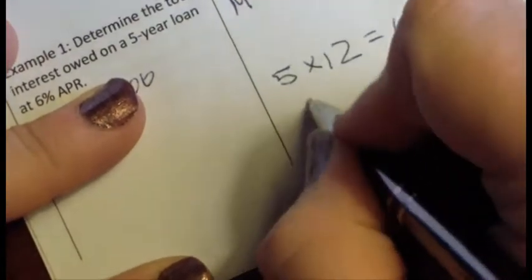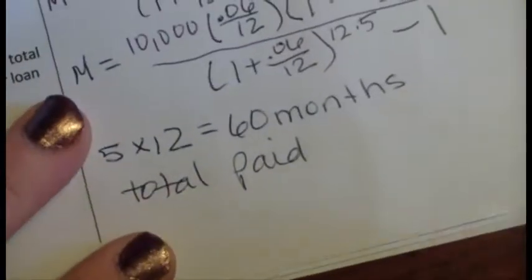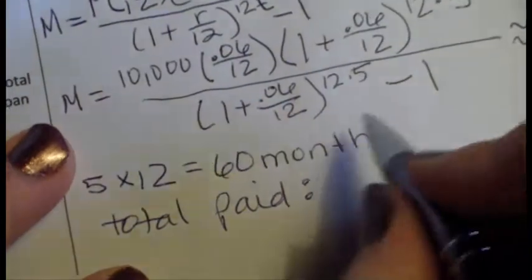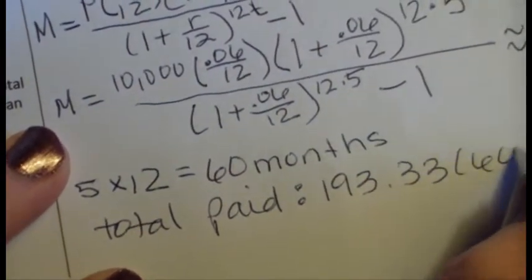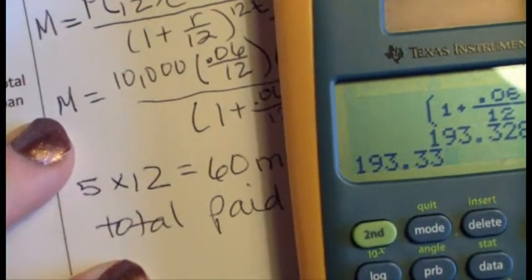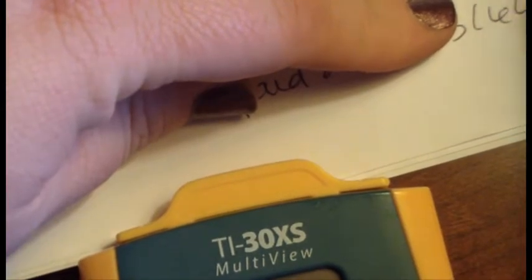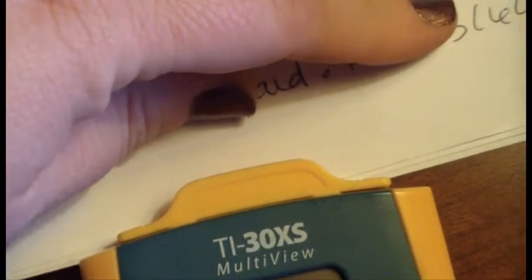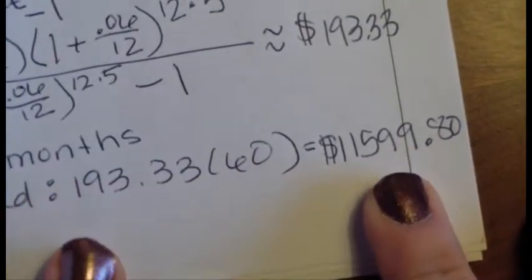So the total paid is going to be the monthly payment times 60 months. And we get $11,599.80. All right, so that's how much we pay over the total life of the loan.